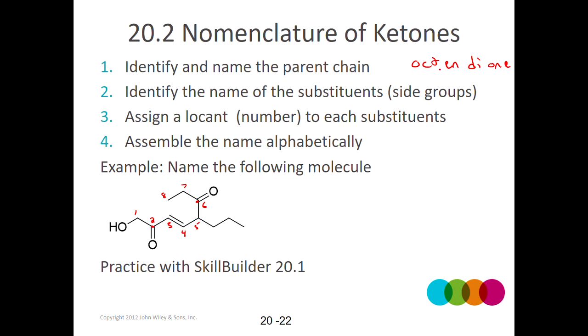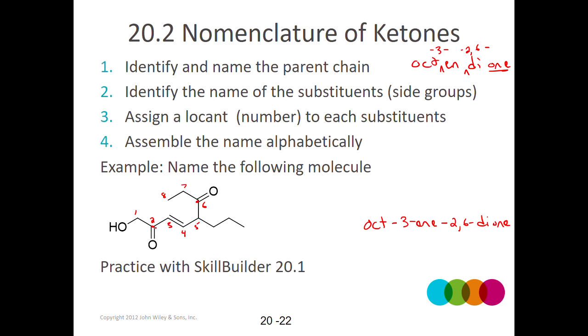I need a number here to tell me where the alkene is, and I need numbers here to tell me where the ketone or ON is, and that's on 2 and 6. So the parent chain there would be oct-3-ene-2,6-dione.